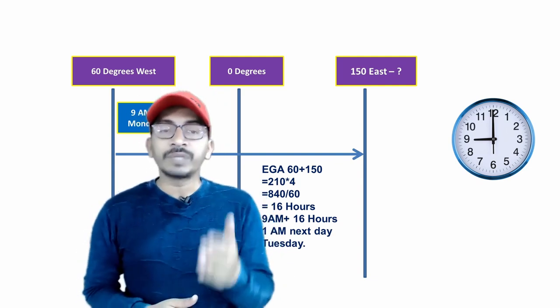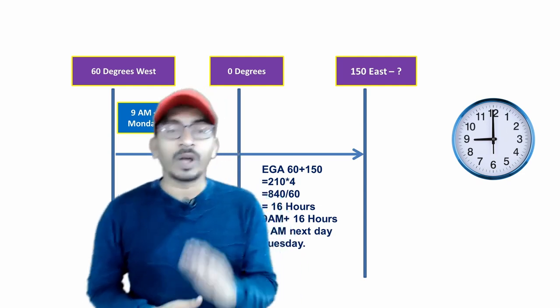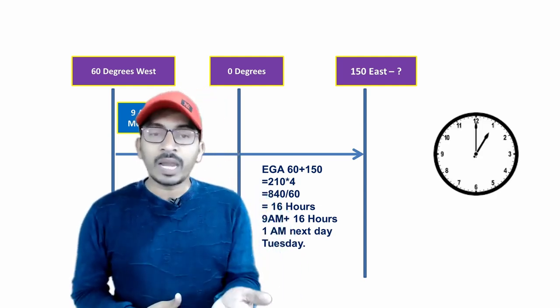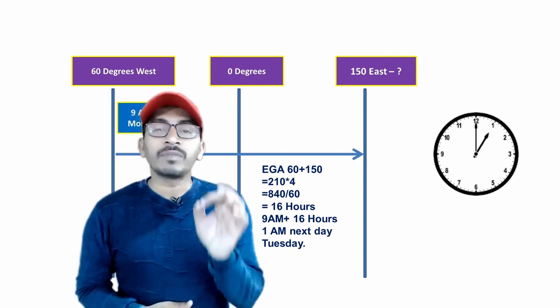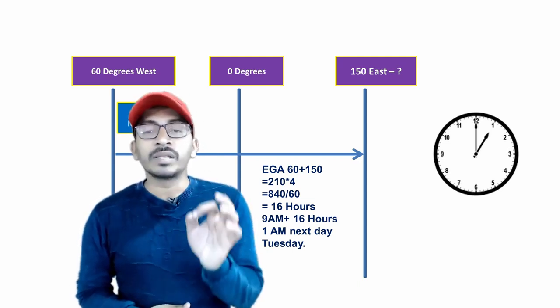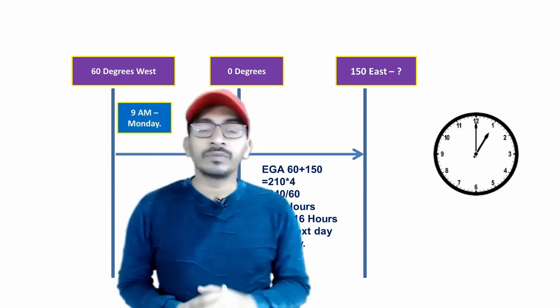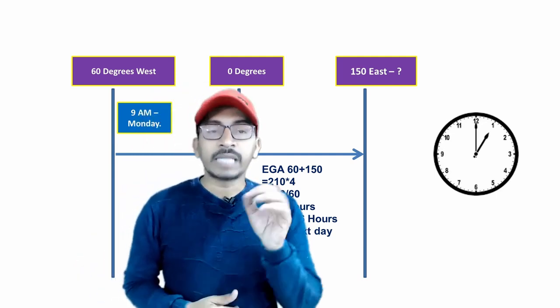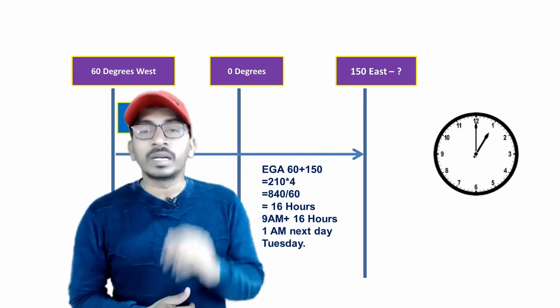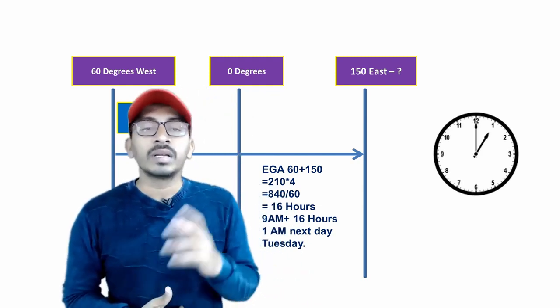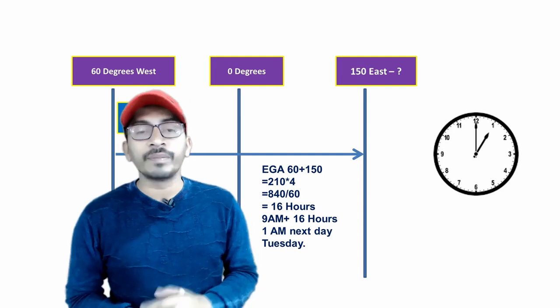As the number of hours went beyond 12 a.m. on the same day, automatically it is the next day, that is 1 a.m. next day. The time at 150 degrees east is 1 a.m. on Tuesday. When the time at 60 degrees west is 9 a.m. on Monday, the time at 150 degrees east longitude is 1 a.m. on Tuesday.